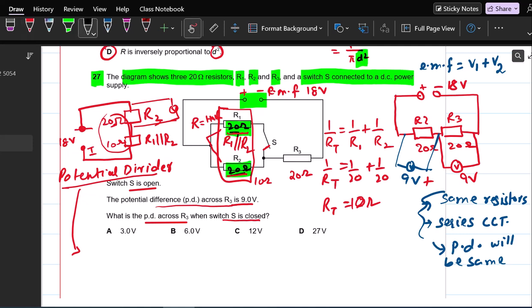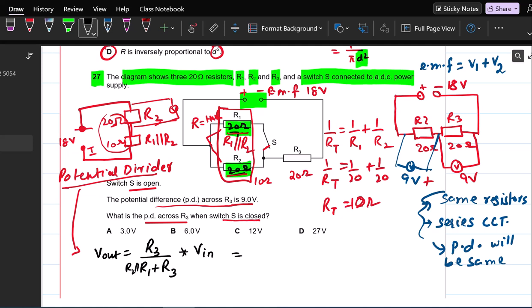So in potential divider, what is happening, output voltage is equal to resistance across which you have to find the voltage, or you can say potential difference, divided by both of the resistors which are connected there in that series circuit. So R1 and R2 parallel plus R3, and it is going to be multiplied with input voltage.